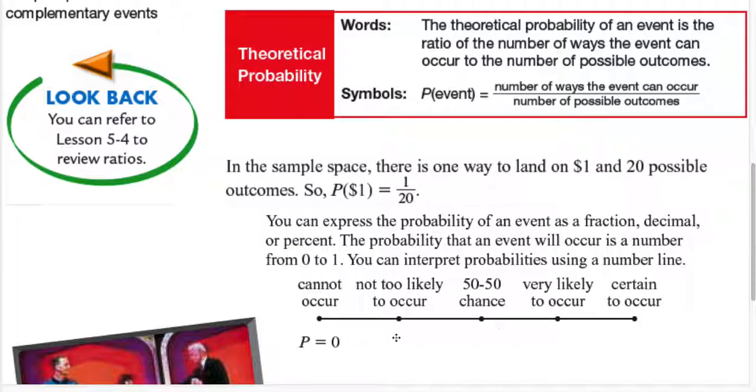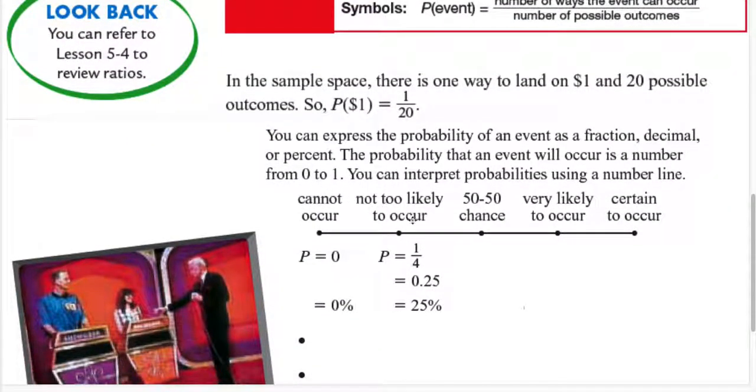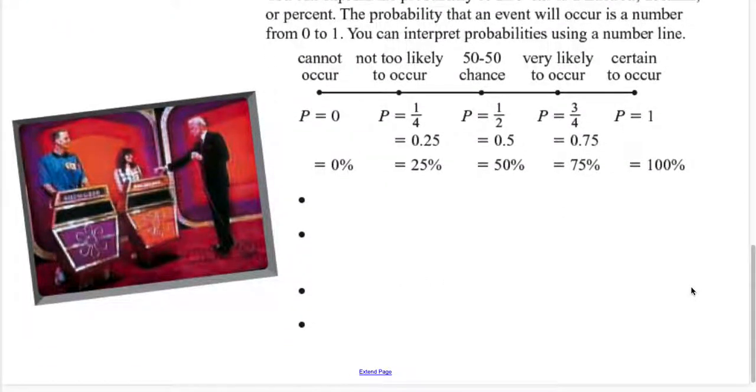If the probability is around 1/4, or 0.25, or simply 25%, the event is not too likely to occur. If the probability is equal to 1/2, decimal 0.5 or 50%, it has a 50-50 chance of occurring. If the probability is equal to 3/4, 0.75 or 75%, it is very likely to occur. And if the probability is equal to 1, it's 100% certain that it will occur.